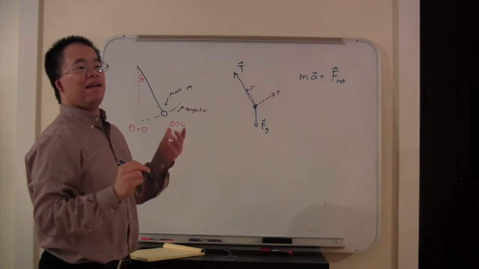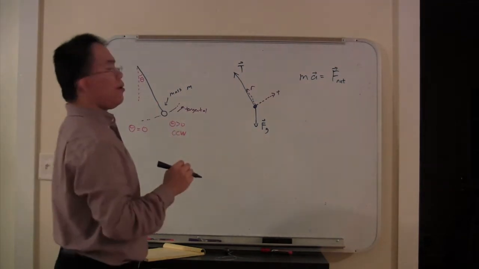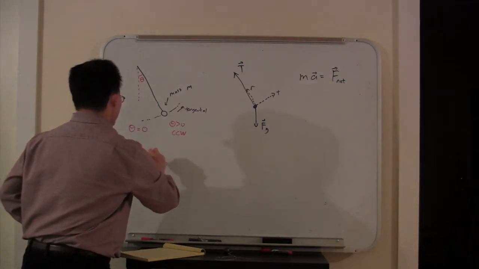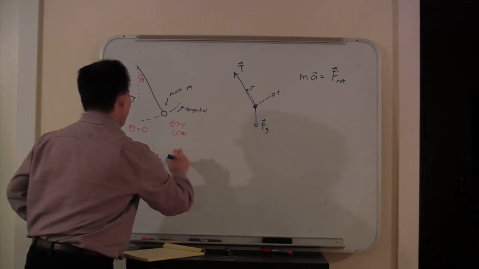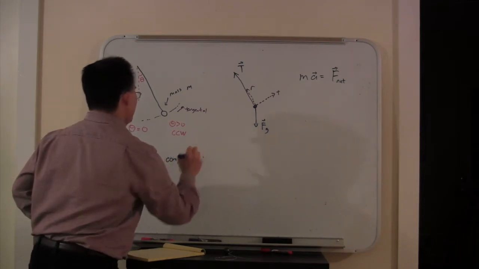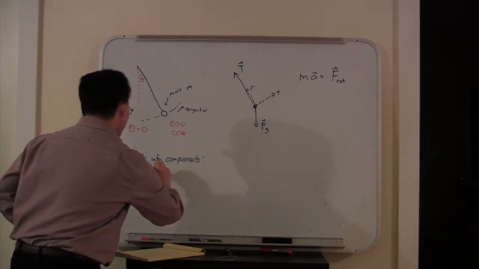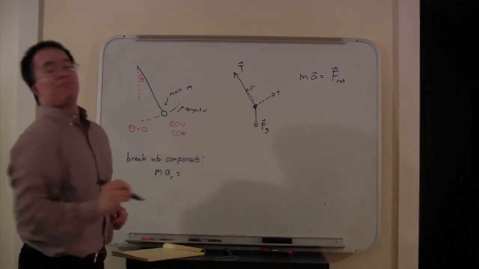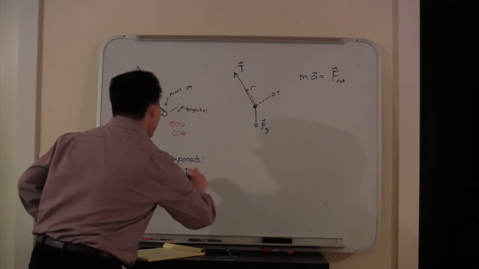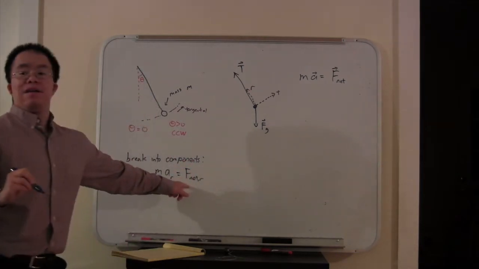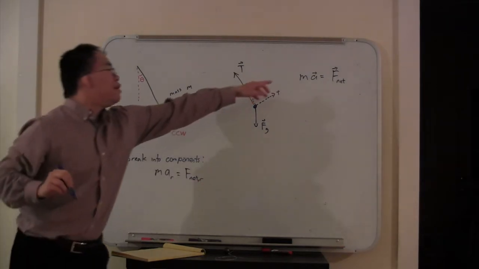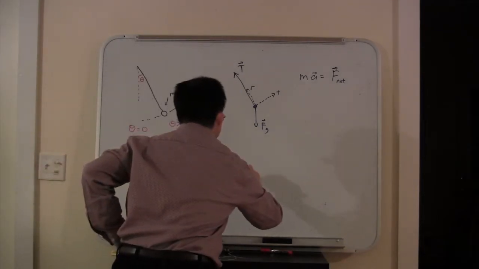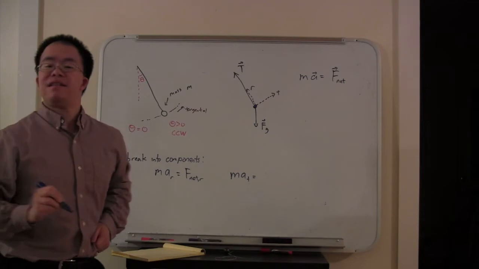We have both a radial and a tangential component here. So we have m times the radial component of the acceleration equals F net radial. This is again a vector component. And similarly, Newton's second law holds for the tangential component: m a tangential equals F net tangential.